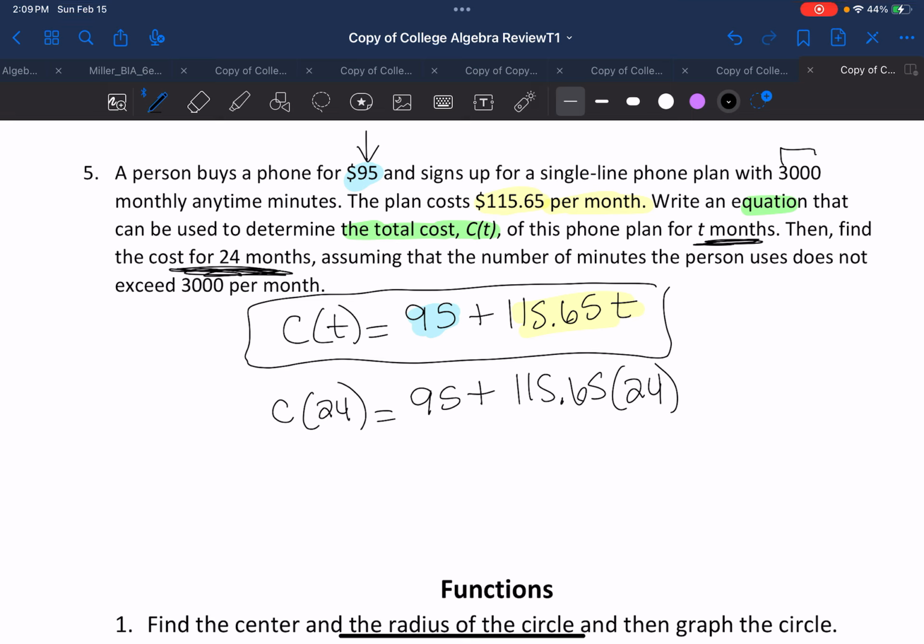So doing the multiplication first, 115.65 times 24, and then adding that to 95 gives me $2,870.60. So that would be the answer to the second part.